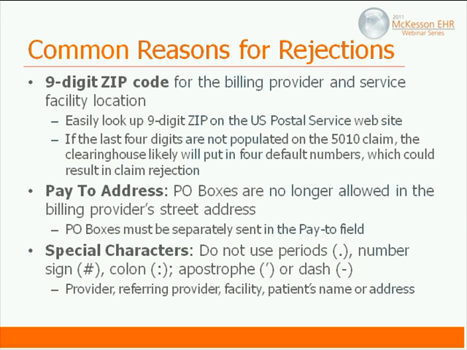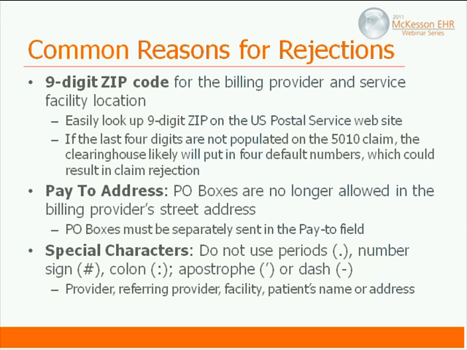Special characters, this is a real interesting one. We are hearing of rejections because of special characters such as a period, number sign, colon, apostrophe, dash. Those are primarily causing rejections in the provider, referring provider, facility, patient's name, and address fields. However, it might be good for you just to get into the habit in your practice not to include those characters in any field.